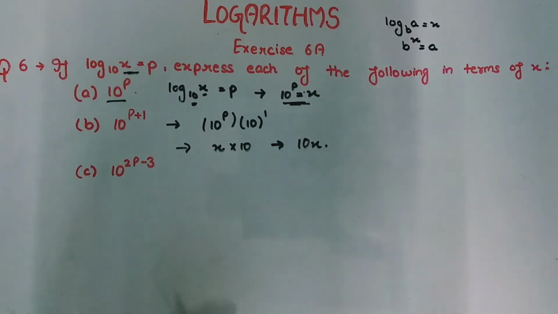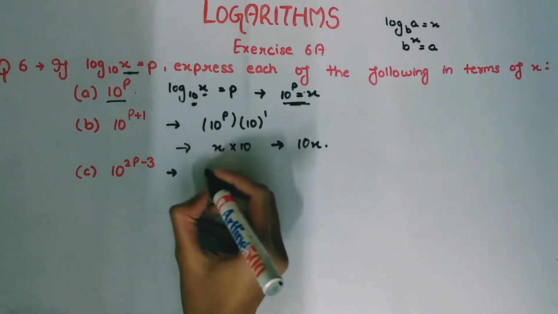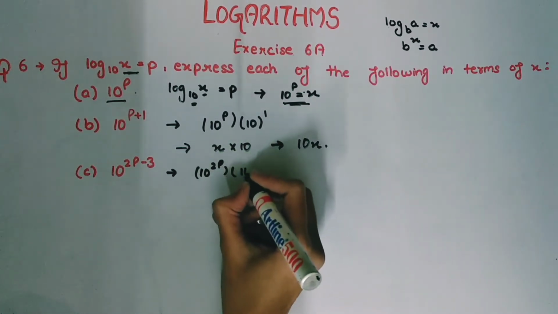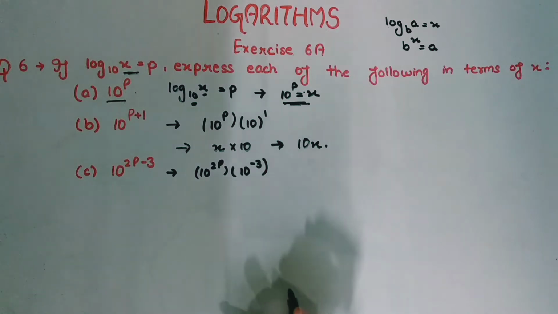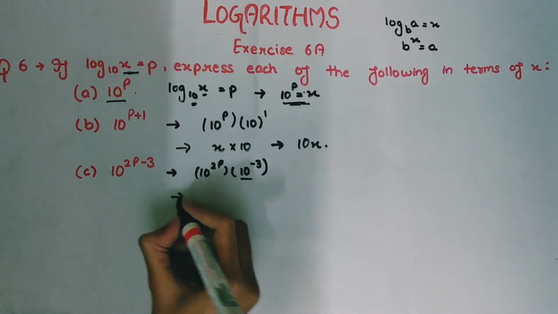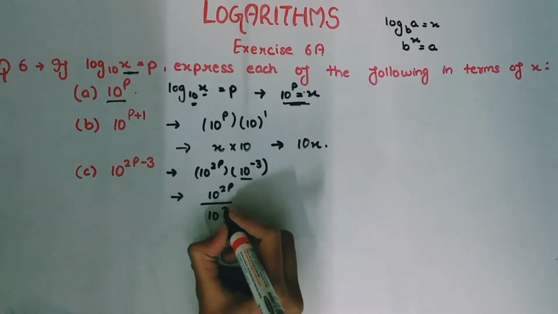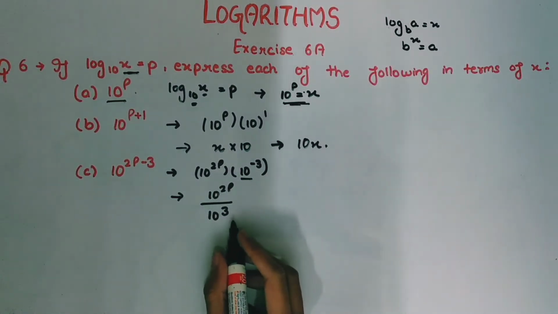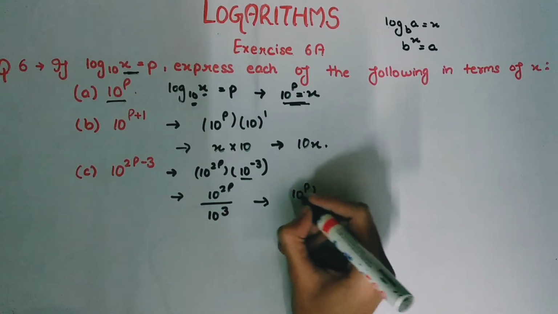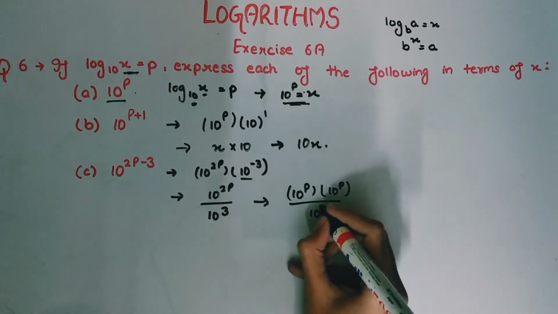We have the third part as 10 raised to power 2p minus 3, which can be simplified as 10 raised to power 2p multiplied by 10 raised to power minus 3. We know that if the power is negative, then when we write it in the denominator, the power will become positive, that is 10 raised to power 3. 10 raised to power 2p can be written as 10 raised to power p times 10 raised to power p, divided by 10 raised to power 3.